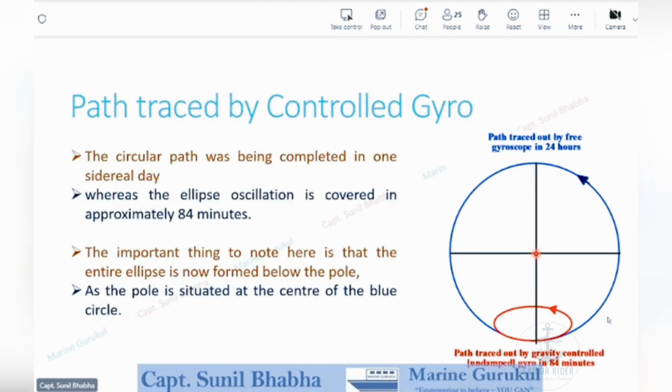Very important thing to note here, which we will be using later in the explanation of gyro, is that the elliptical path traced by a controlled gyro is entirely below the pole. At no point on the ellipse does the spin axis go above the pole. The spin axis always remains below the pole. So this will be used later on when we understand the elliptical motion in detail.